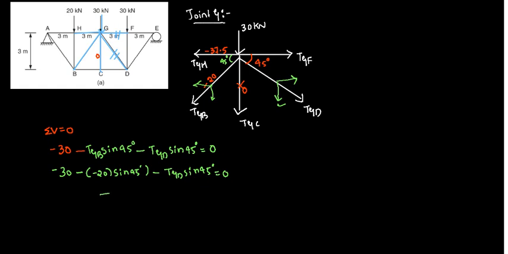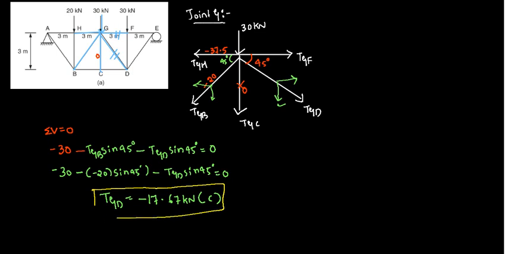By simplifying we get the value of TGD as minus 17.67 kilonewton. Since we get the negative value, this is in compression. Clear? So now this is over: I have considered the summation of vertical force is equal to 0.